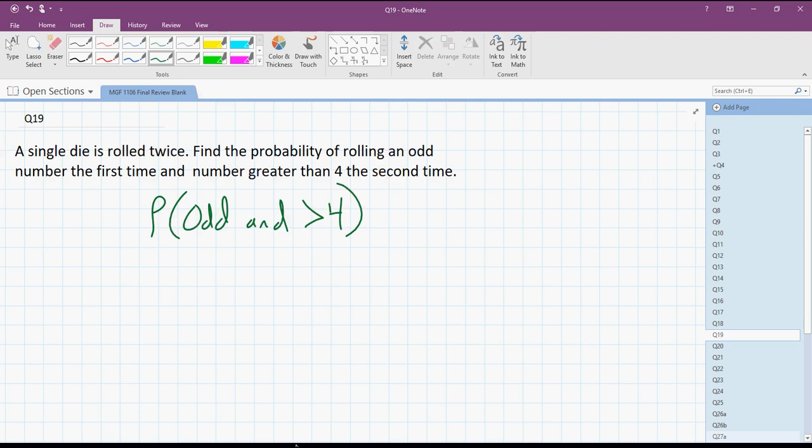You're putting something back in there, so everybody has the same chances over and over again. Without replacement leads to dependent, because when you do not replace it, now it's not the same for everybody that comes afterwards. So the question is, does the first roll affect the outcome of the second roll? No, the first roll has no bearing on the second roll. So these are independent.